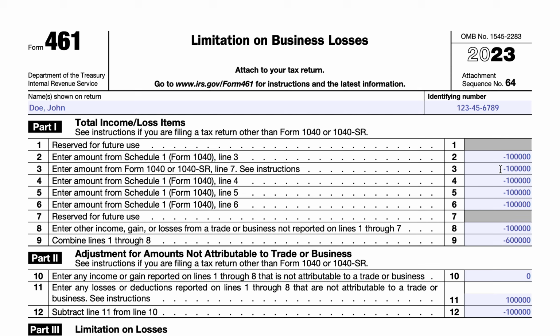Line 3, enter the amount from your Form 1040 or your Form 1040 SR. Line 7, these are capital gains, or in this case, capital losses from Schedule D and or IRS Form 8949, which is a form that helps break down capital gains and capital loss calculations for Schedule D purposes.